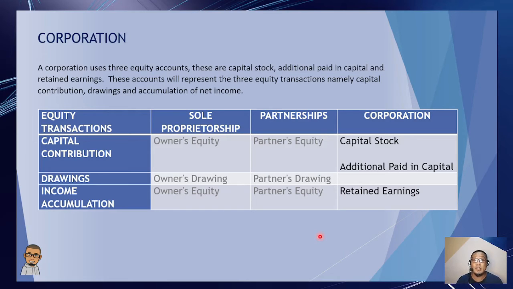Hindi basta-basta pwedeng, pag owner ka katulad sa sole prop, kumuha ka ng cash, that is drawings. Kumuha ka ng supplies, that is drawings. Pero not in the case of a corporation. Tatandaan yon. Now, let's move forward.